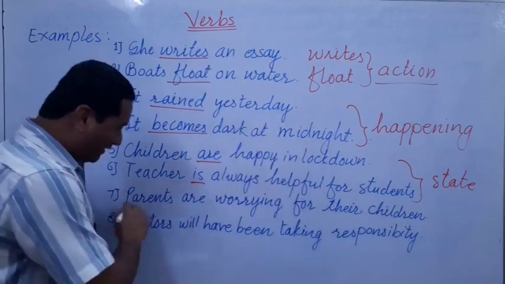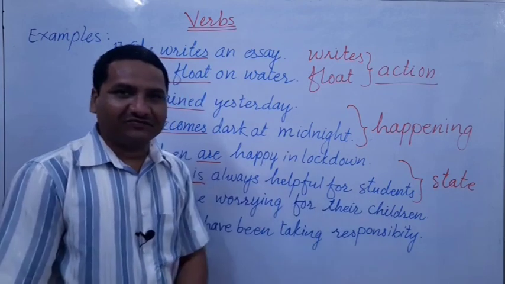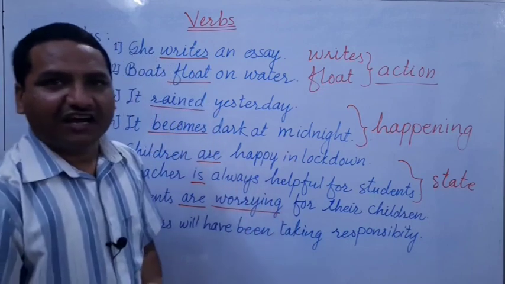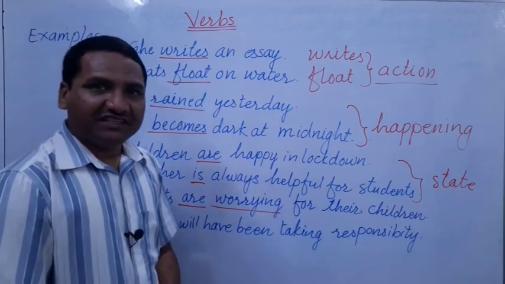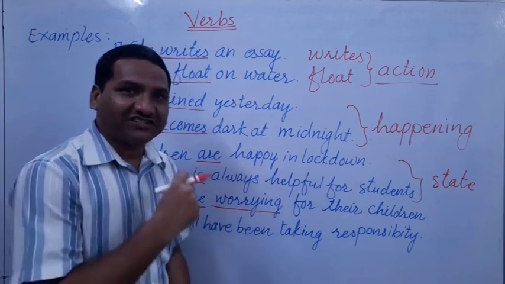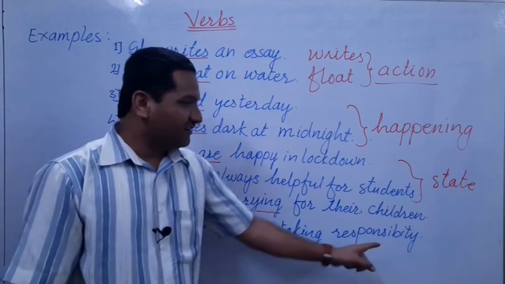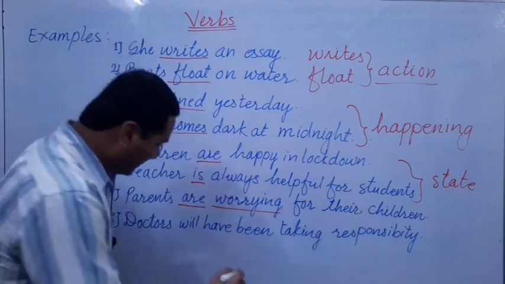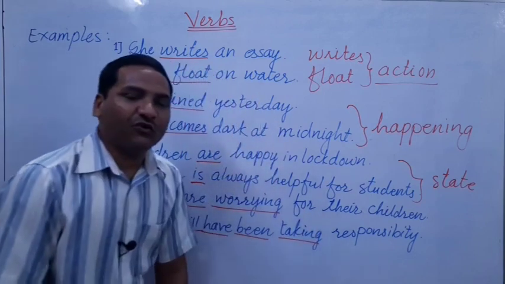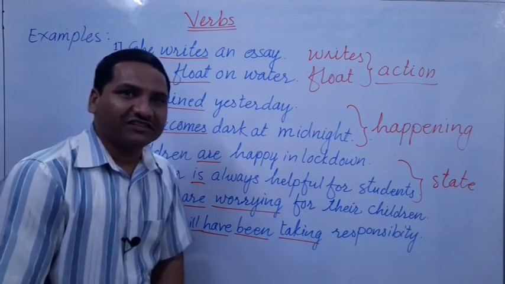Next sentence is, parents are worrying for their children. In this sentence, are and worrying are verbs. Means are and worrying show us action. Last sentence, doctors will have been taking responsibility. In this sentence, these four words, will have been taking, as a group show us action.